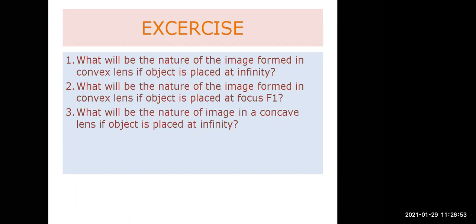Will it be virtual and erect, or will it be real and inverted? What will we get from the convex lens? What will be the nature of the image formed in the convex lens if the object is placed at an infinite distance?